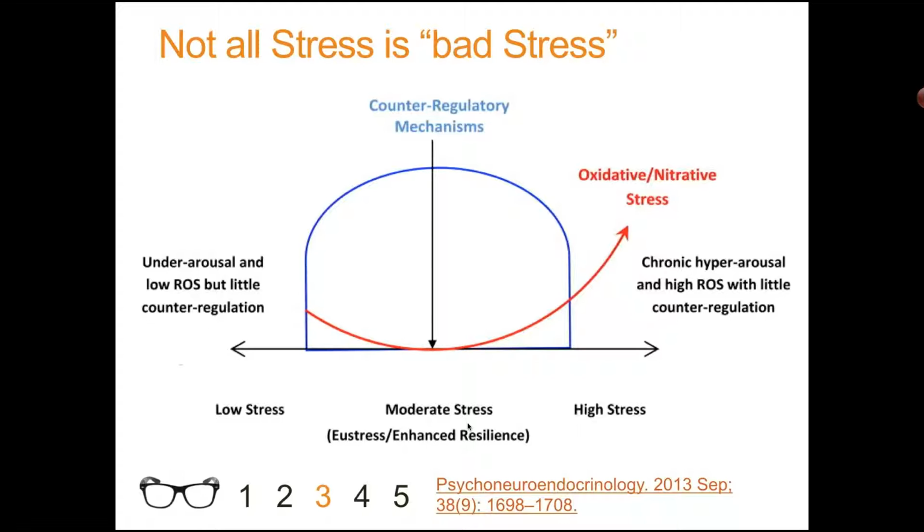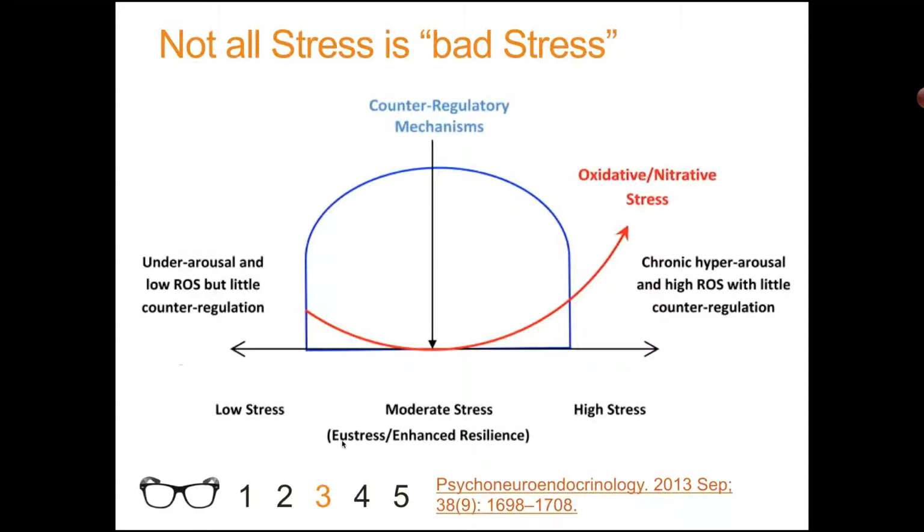So your own regulatory systems in your body, which are pushing for balance, your homeostasis systems, your allostasis systems, are not elicited enough, and pushing them a little with eustress turns into enhanced resilience, which is what happens when you feel that you're on your toes, but you can manage.